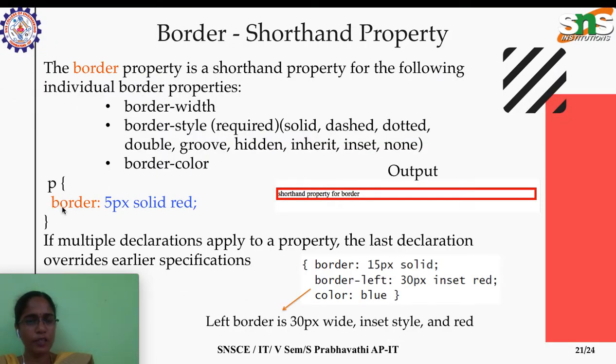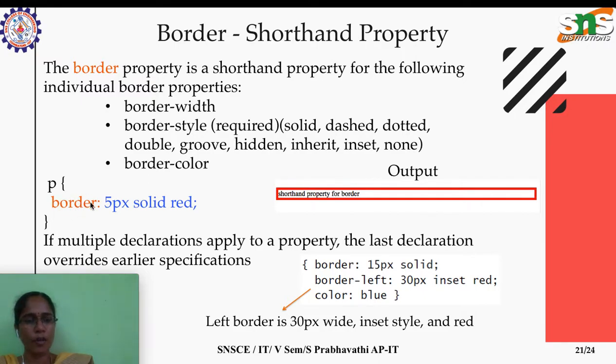One more in the demo version: there is a shortcut way of giving the border's different properties. The border is the shorthand property for these 3 individual properties, like border width. Border width is 5 pixels. Instead of giving border-width colon 5 pixels, you could use border, similar to font, which we have seen.